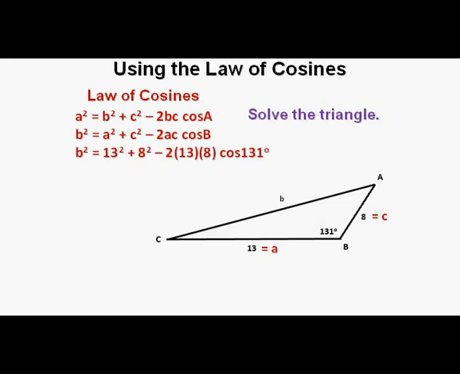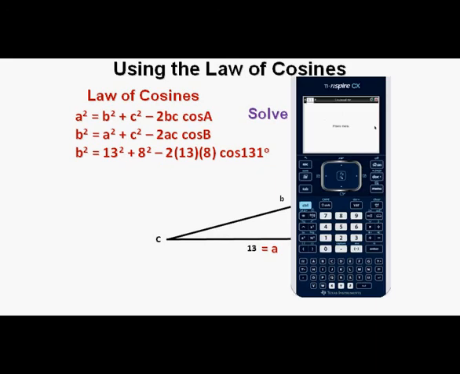And here's the formula with everything filled in. We have b squared is equal to 13 squared plus 8 squared minus 2 times 13 times 8 times the cosine of 131 degrees. In this lesson I'm using the TI-Nspire CX graphing calculator pictured here.